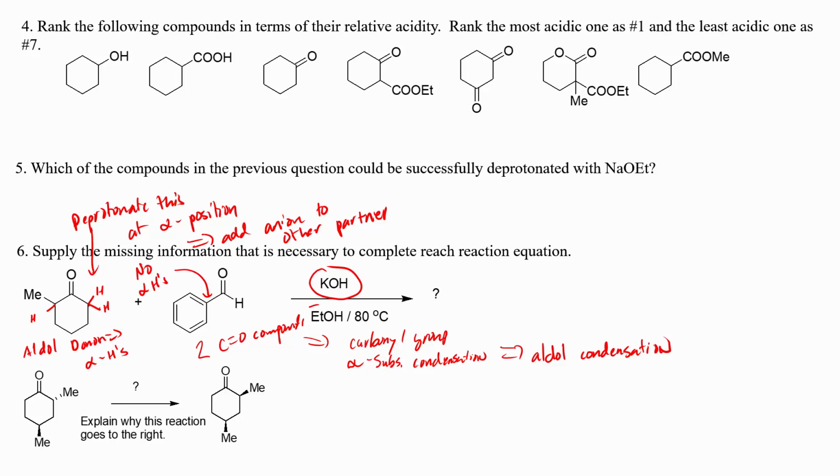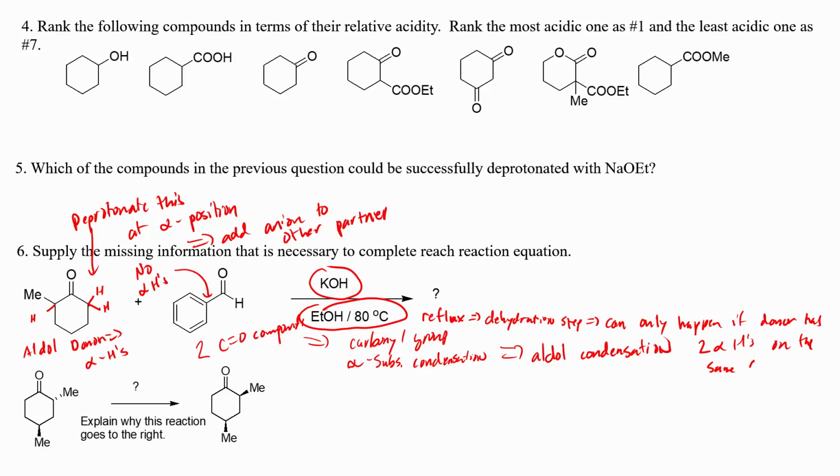Recognize that this is being done at reflux. So this means there's also a dehydration step. And this can only happen if the donor has 2 alpha hydrogens on the same carbon.